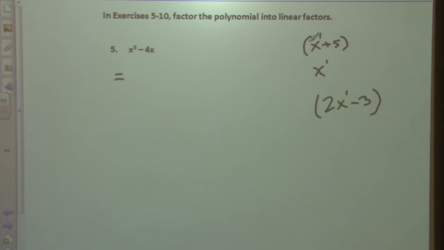This would be a linear binomial? What is this called? It is a binomial, but what kind of binomial? What's nonlinear? It's called a cubic binomial. Okay, we talked about quadratic trinomials, right? This is a cubic binomial.